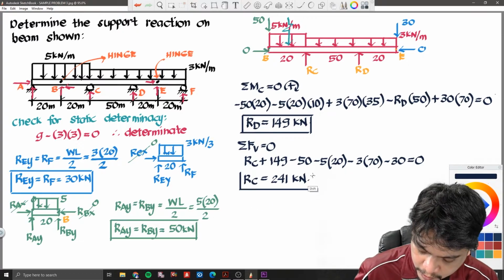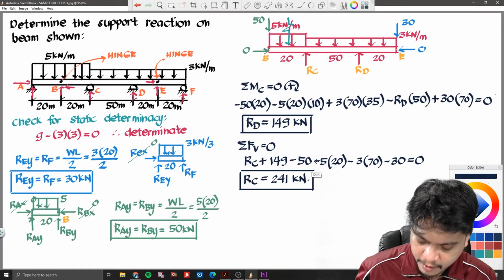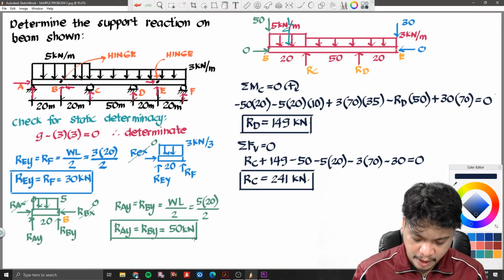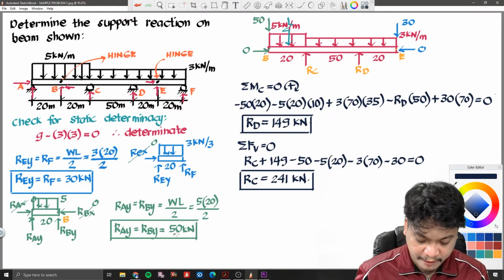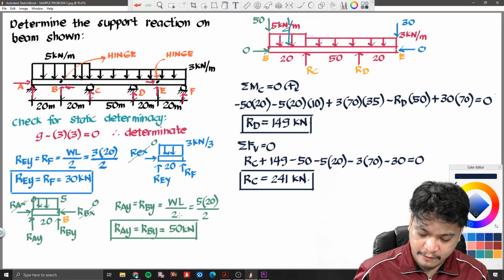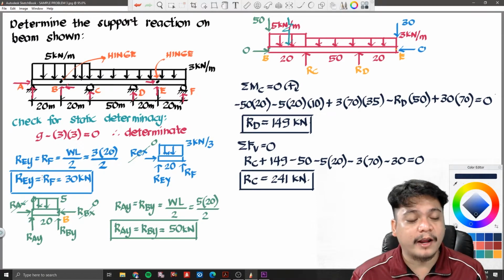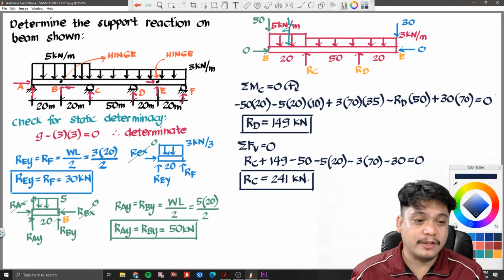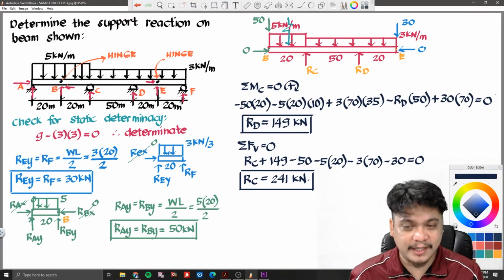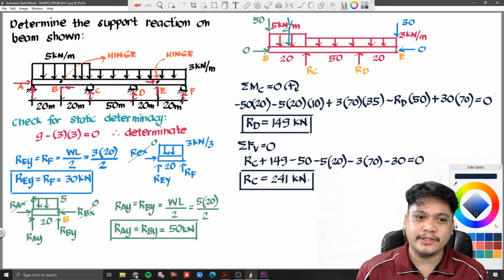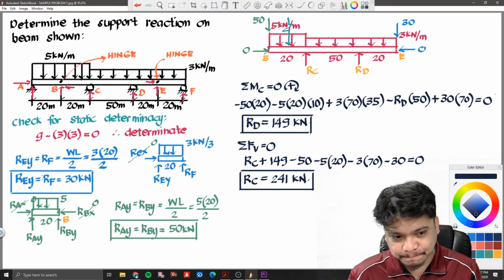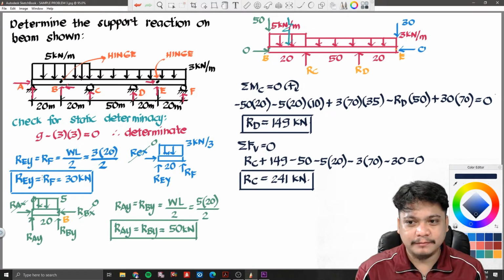Okay, so this is now the answer for the RC. So you have now the A, and then you will now have the BY. You have now the C, the D, the RE, and then the RF. All the horizontal reactions are 0. It's because wala naman tayong nire-resist na horizontal force. Okay? Question on that? Okay, that's it.